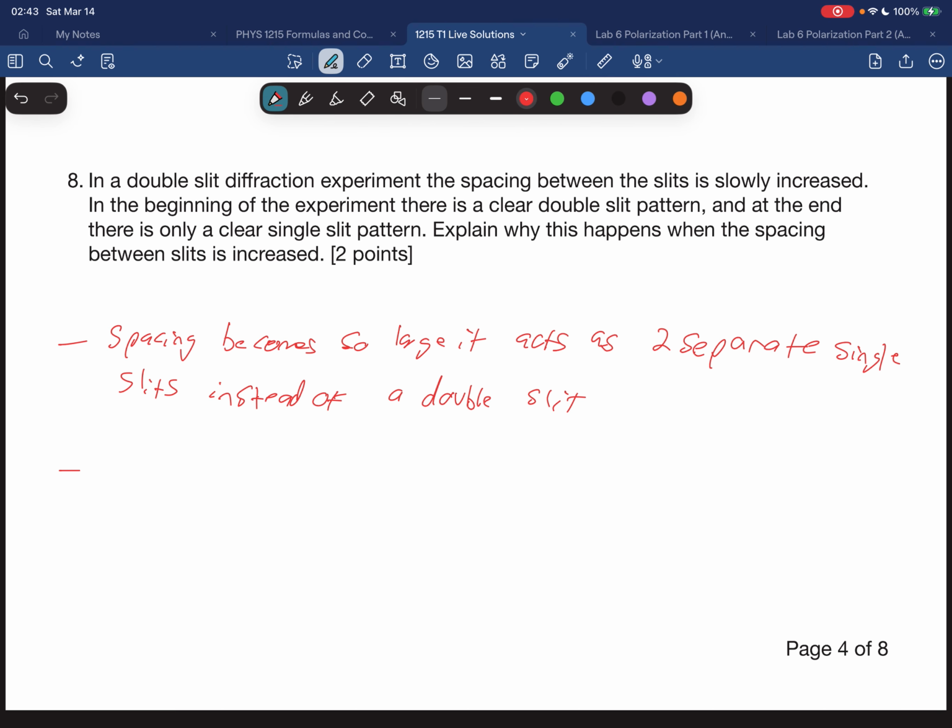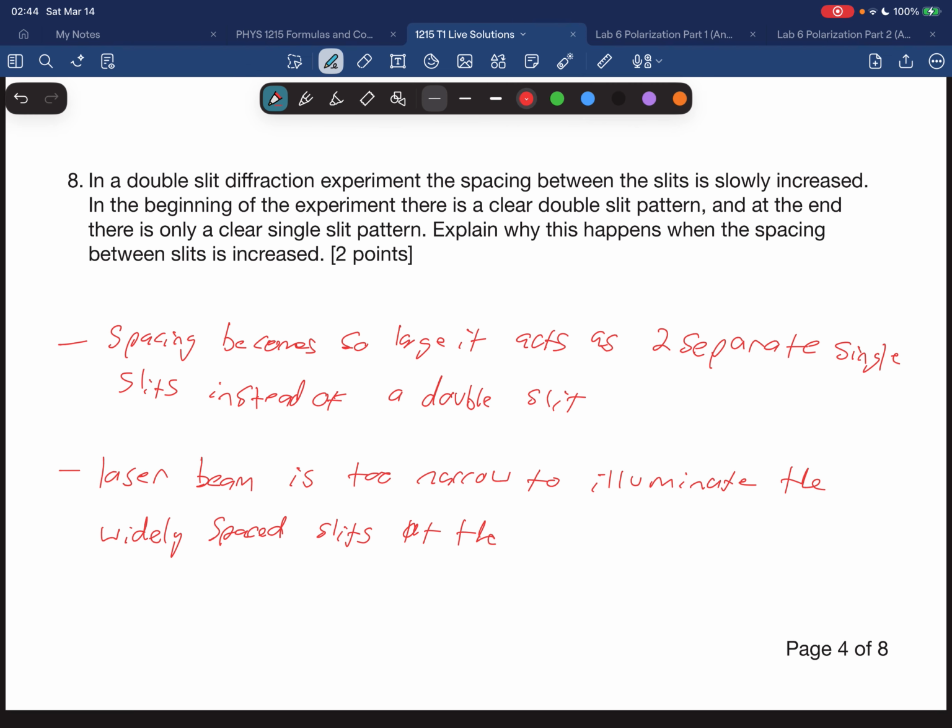So it's kind of the same answer all in one. Some of you rolled this into a single paragraph. Some of you broke it down into 2 separate points. Great, didn't matter. But so the laser beam is too narrow to illuminate the widely spaced slits at the same time.